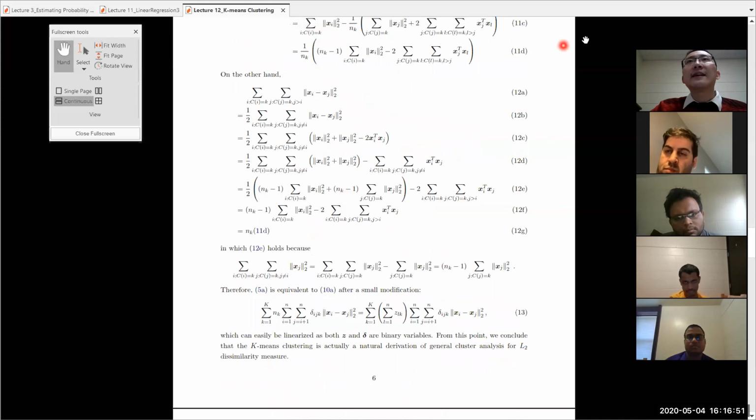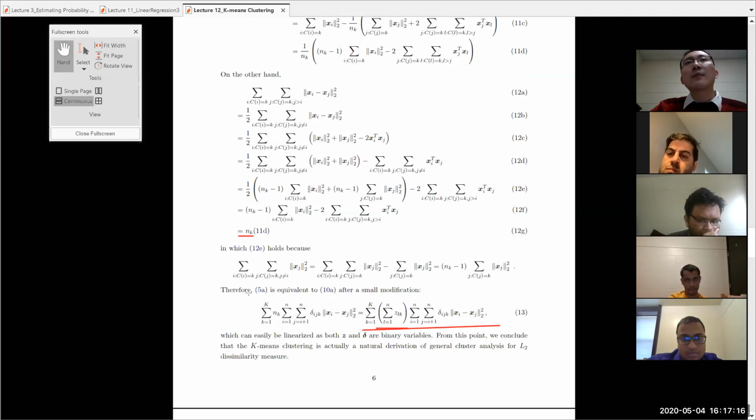The difference is that you need to add an NK. And NK can be expressed by the sum of ZLK, right? That means how many data points are in total in cluster K, so that you can express 10A in this form.